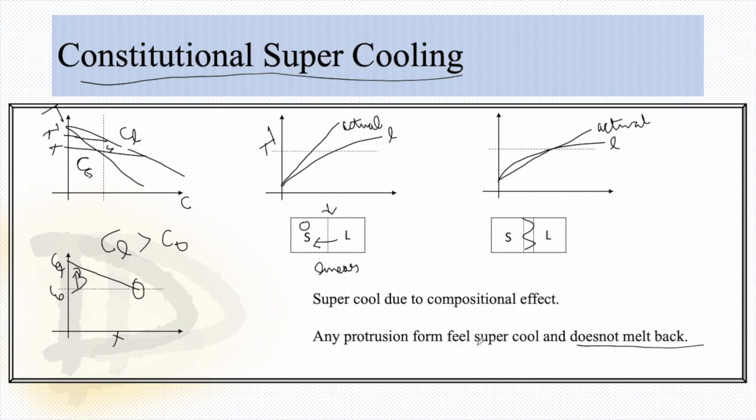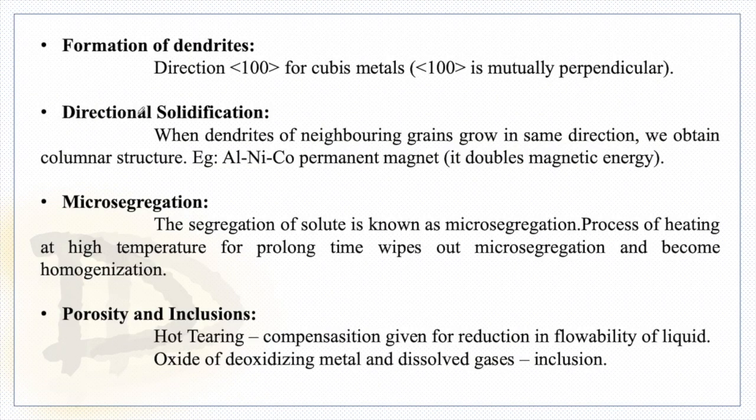The fallback of supercooled solid to liquid is very small. This can be done with any protrusion formed on the interface. There are many other things we need to notice while studying this solidification unit.